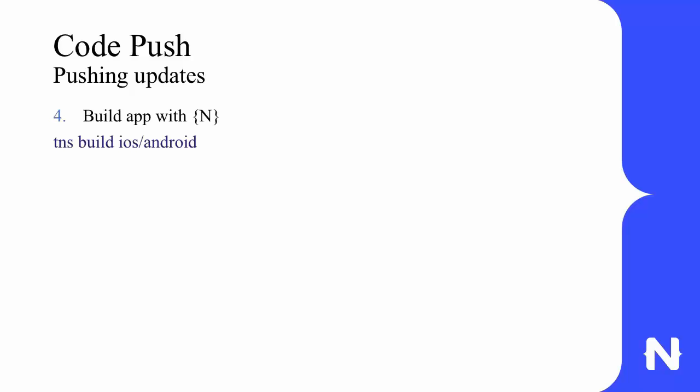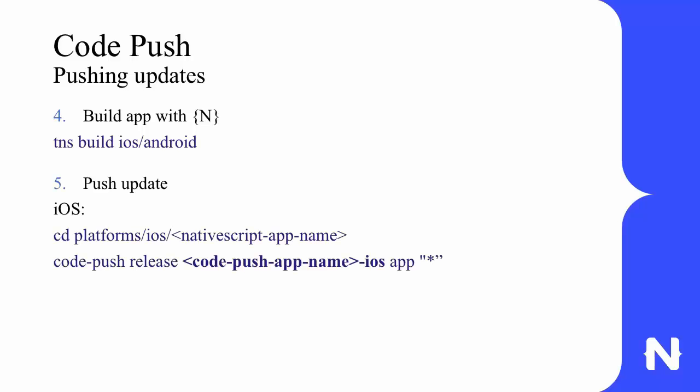If you want to push any updates, just go to your application, run TNS build either for iOS or Android. And then if you want to push updates for iOS, you have to go inside your application, then go into the platforms iOS and the name of your NativeScript project. And then from inside there, you call Code Push release, and then provide the app name that you created in the previous steps, dash iOS app, and then provide an asterisk.